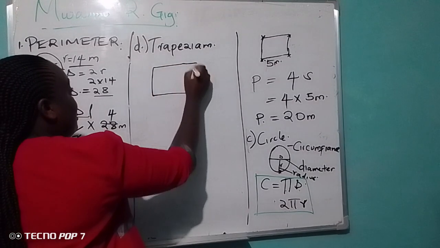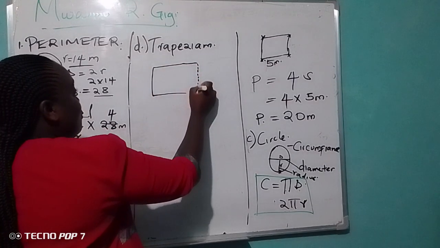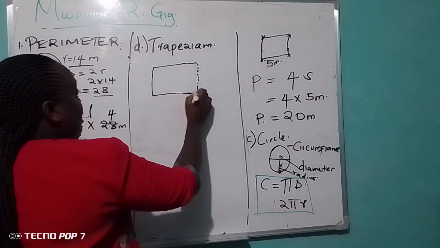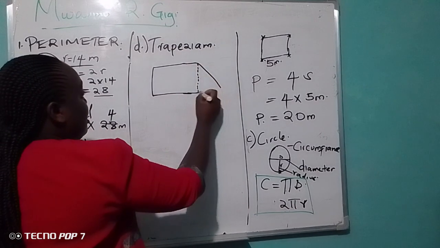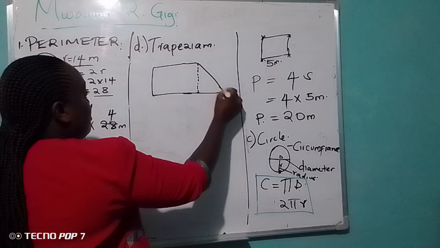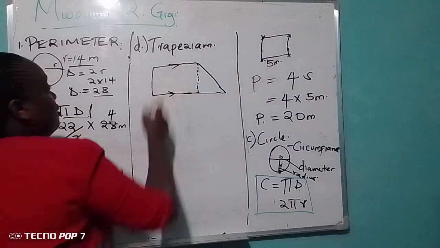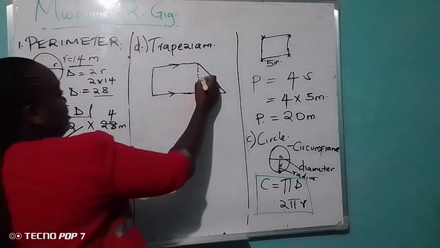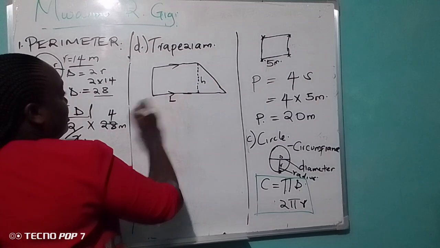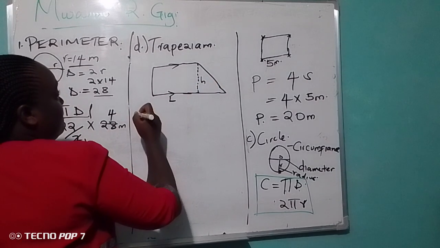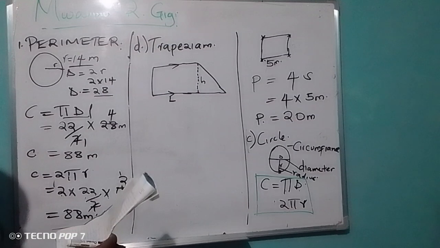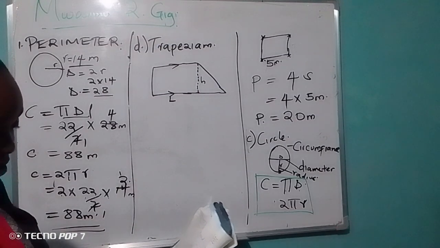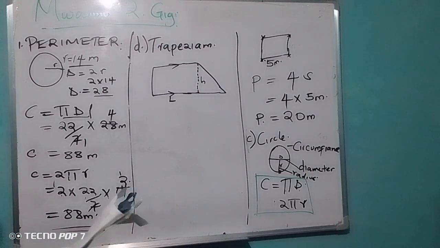Iko na kitu kama square, alafu iko na ka triangle. Sawa. So this one is the height and length. So that's an example of a trapezium. Iko na kitu kama hiyo.